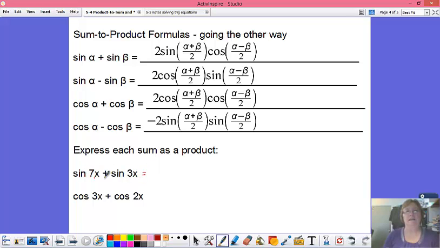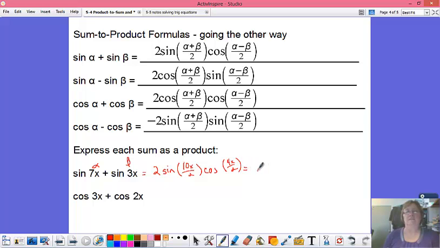This time we want the sine, it's the sum of sines. So that's the top of these identities, and that calls for 2 times the sine of, and it's add the two angles, alpha plus beta, so 10x over 2 times the cosine of the difference between them, so 7x minus 3x, 4x over 2.